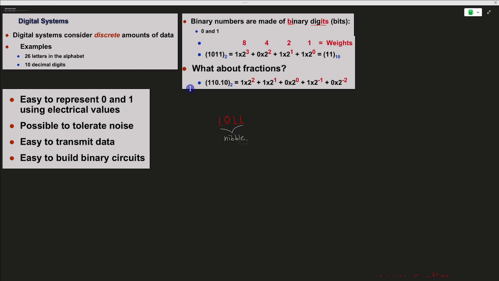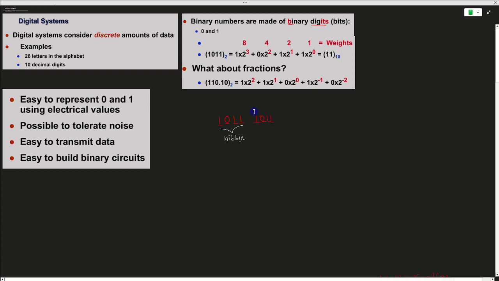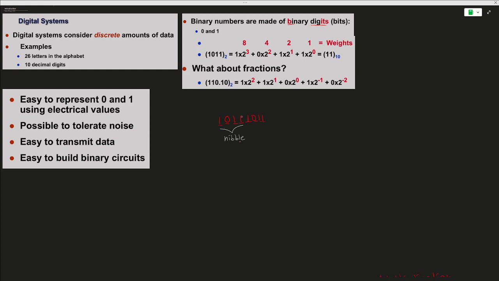Likewise, kapag nagkaroon ako ng isa pa, 1011 ulit, right? So now we have 2 nibbles. Now, ang gawin natin, pagsamahin natin silang dalawa. So this whole number here, isang buong number na to, is called a byte.